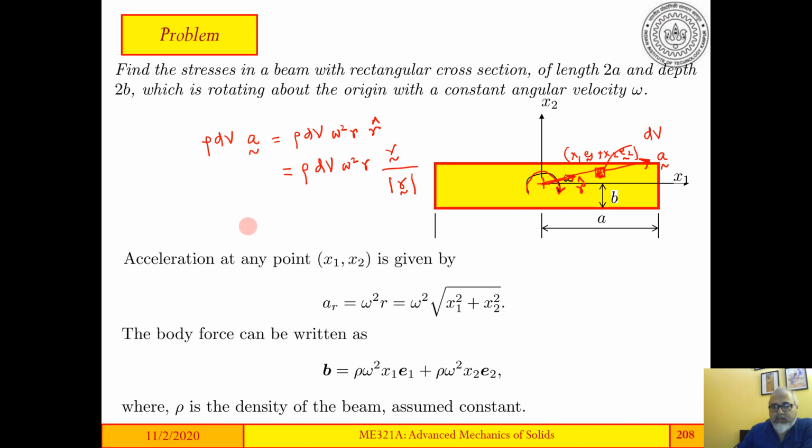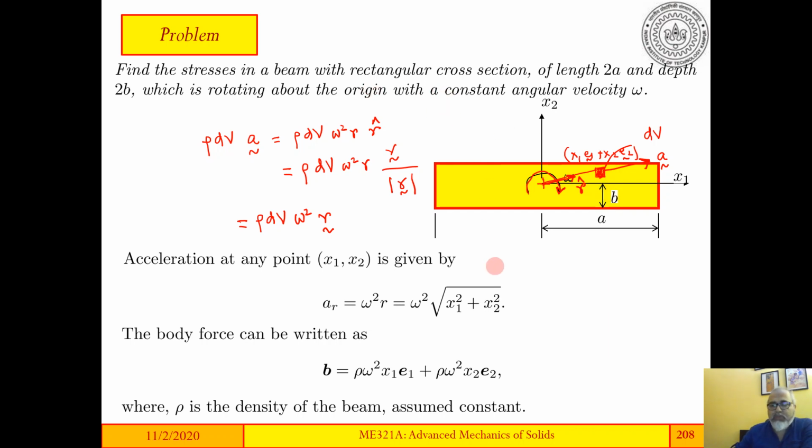Okay, and so mod of r is r, so the r cancels out. So this is the force, centrifugal force on this element.